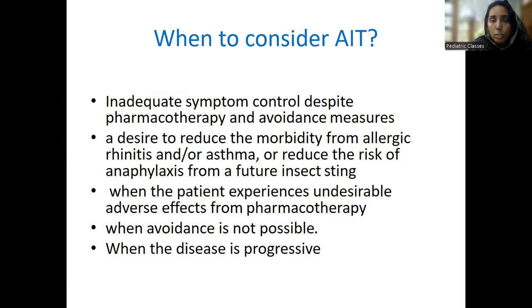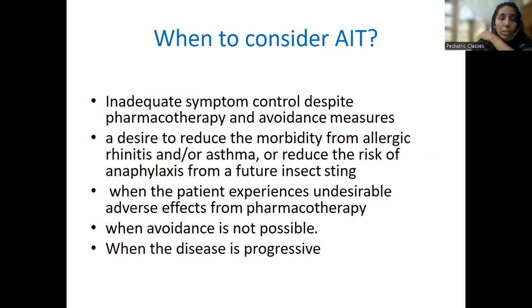When we need to consider it, we generally don't jump and just start immunotherapy on the first day. My teachers always used to say that never ever start a patient on immunotherapy on the first visit. There are other modalities: take a detailed history, go for the concerned testings, and then start pharmacotherapy.